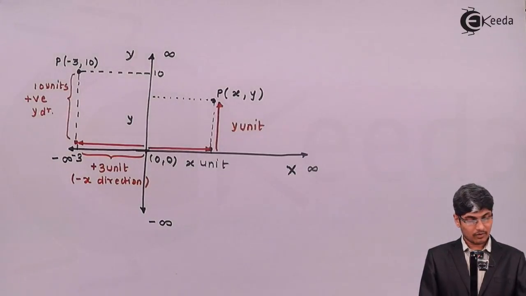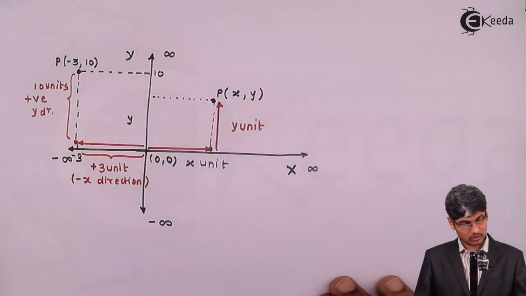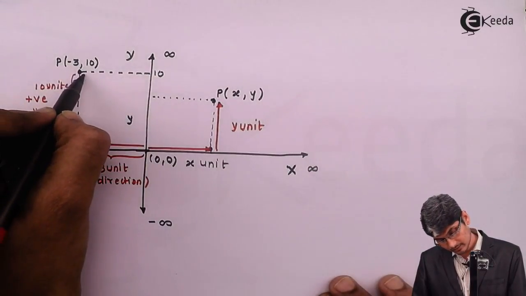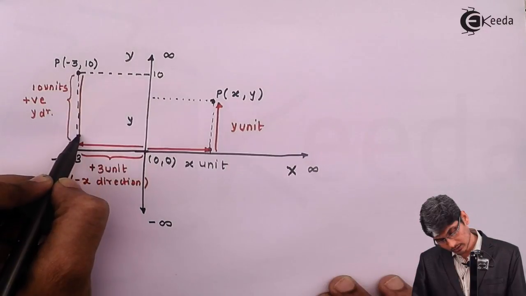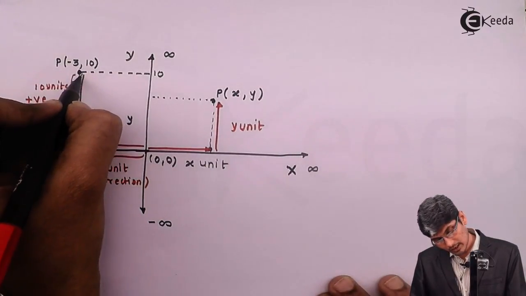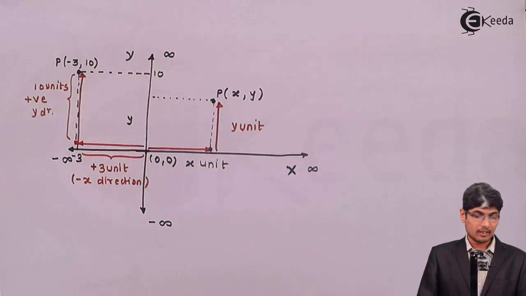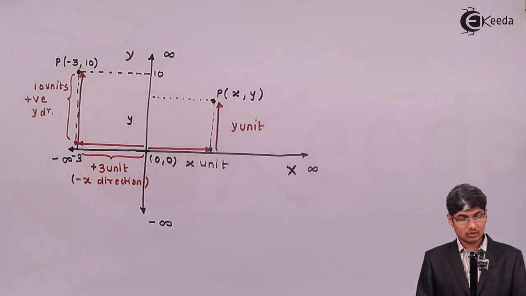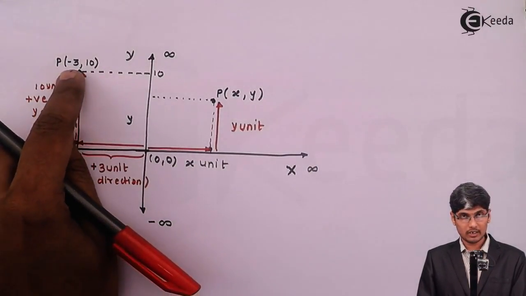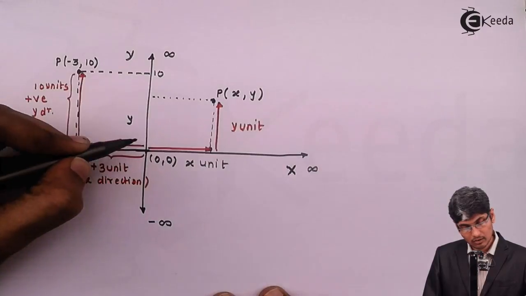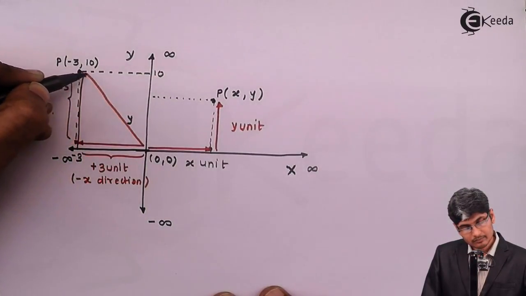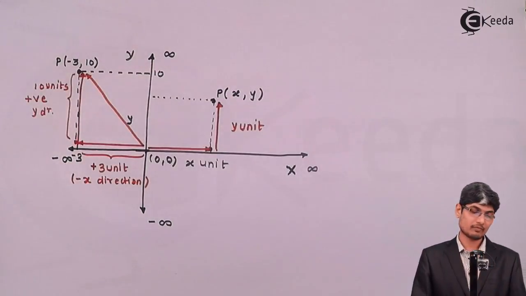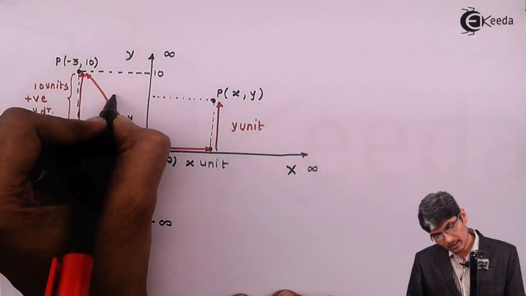If I draw one more line over here which is parallel to this line and draw an arrowhead to it, then you can see that going from this point to this point is the same as going from the origin or the center to this point. Okay, so what will be my resultant?